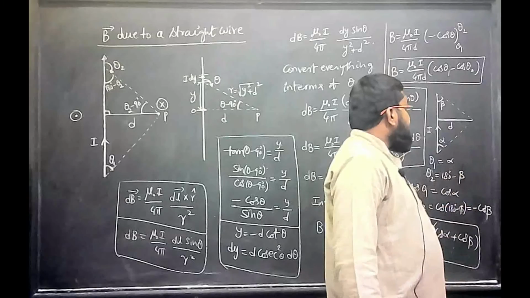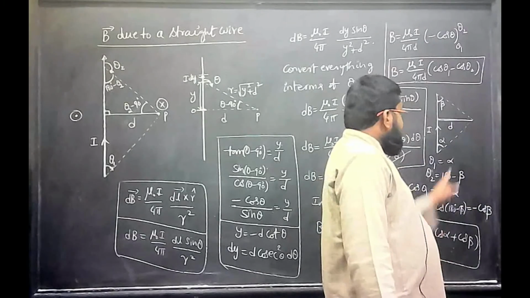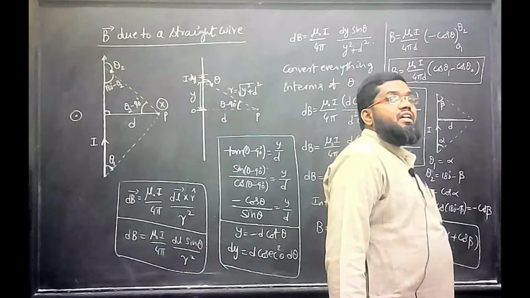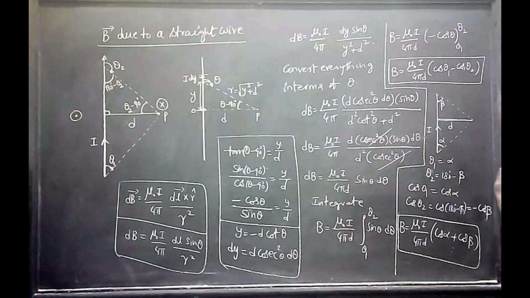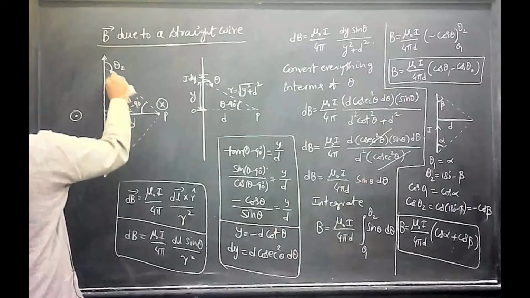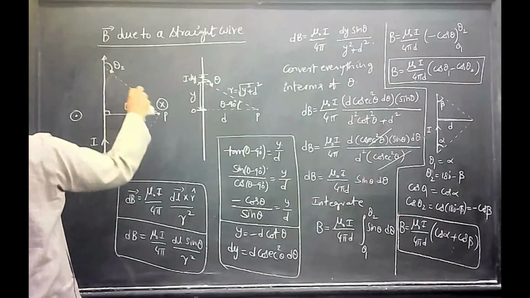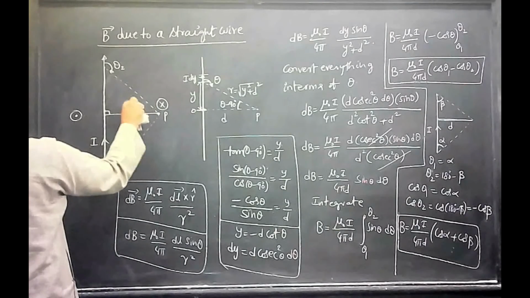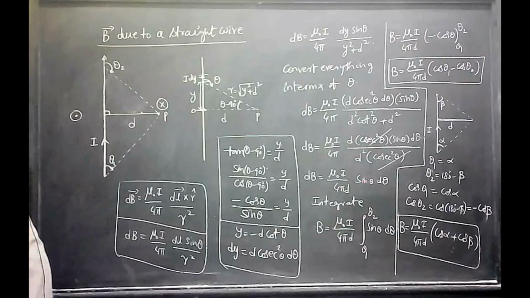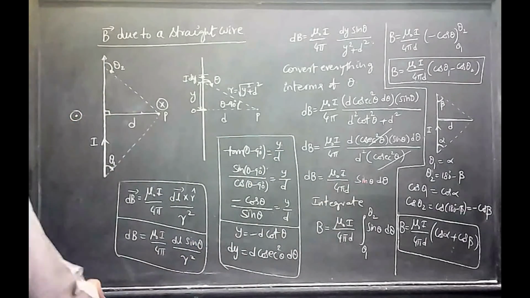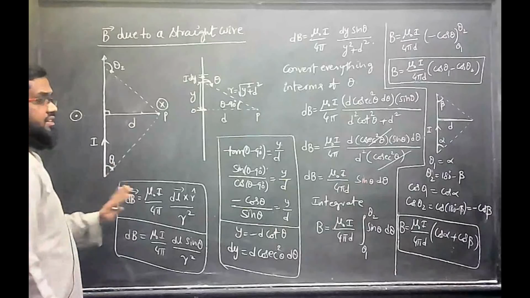Then in place of alpha it will be 90 minus, and cos of 90 minus theta gives sin theta, which I will also write. The entire derivation is not required, you just note down only the formula part. You need to remember only that formula part.